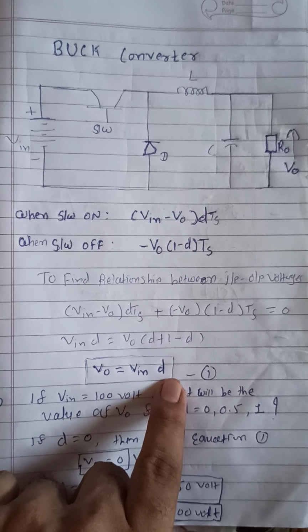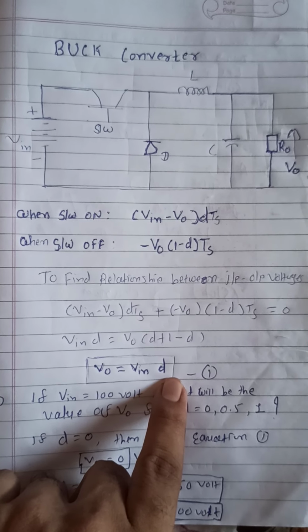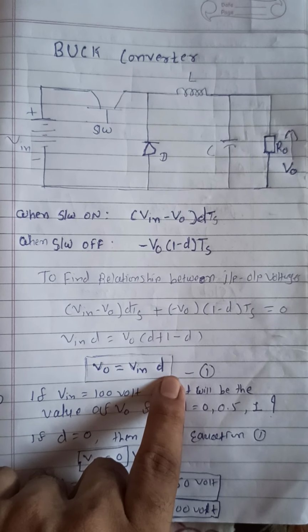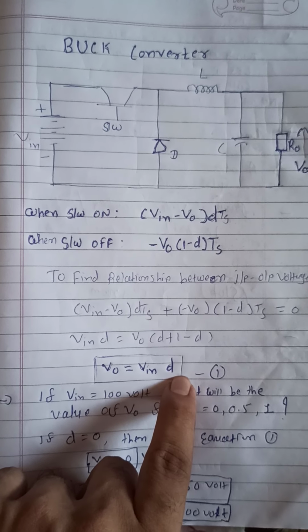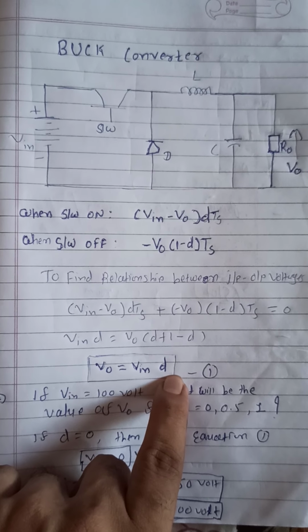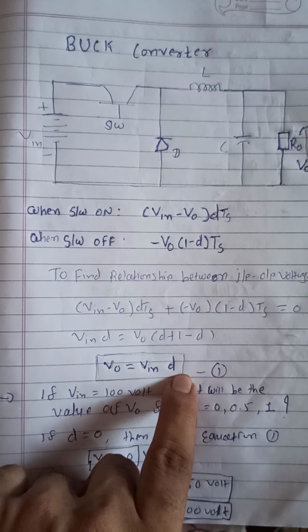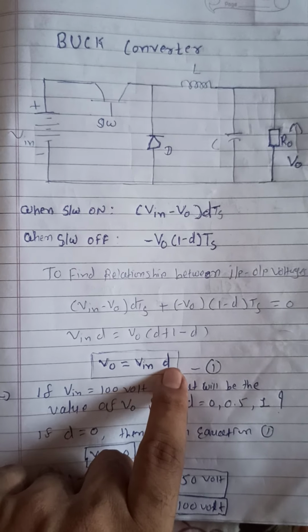What is d? This small d is the duty ratio, which is the on period divided by the total time period.